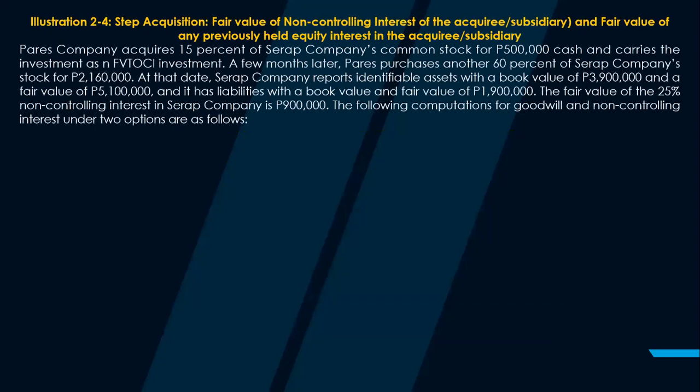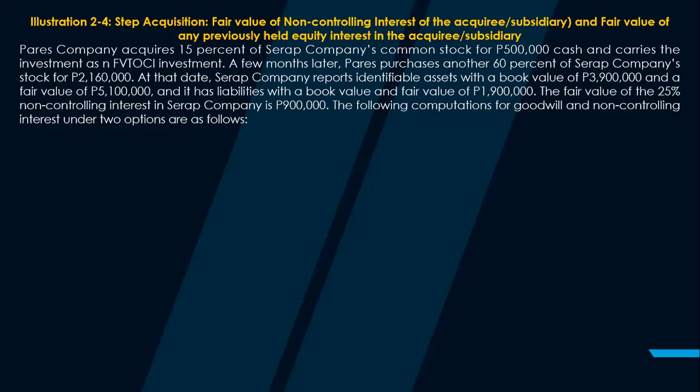Pear Company acquires 15% of Syrup Company's common stock for 500,000 cash and carries the investment as a fair value through other comprehensive income investment. A few months later, Pear purchased another 60% of Syrup Company's stock for 2,160,000.